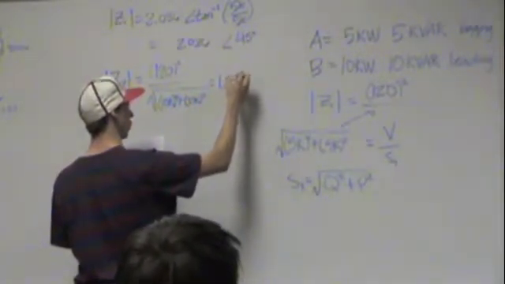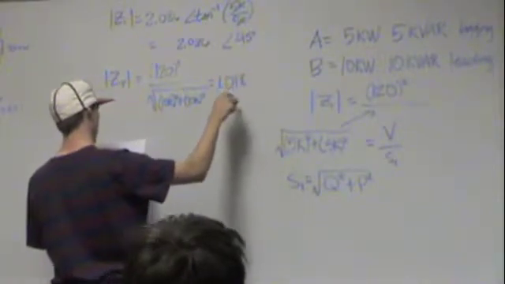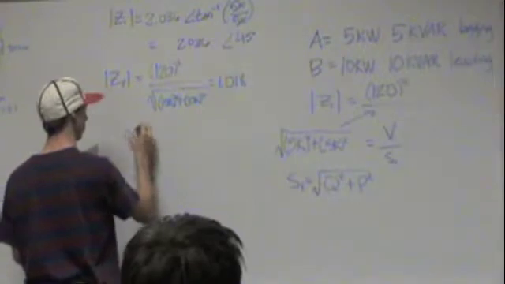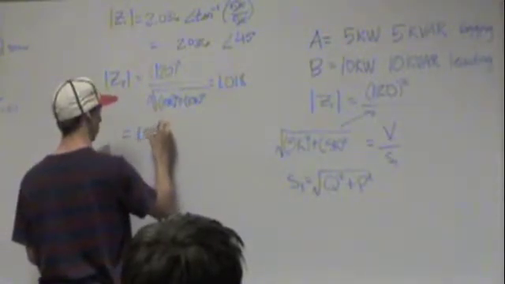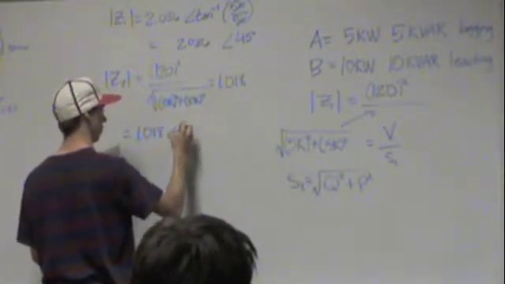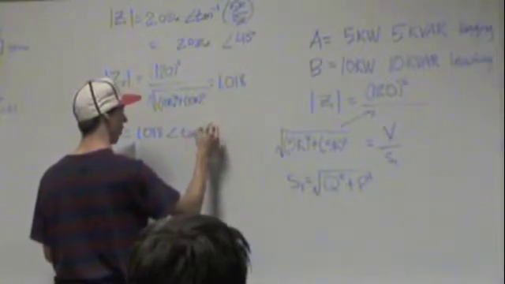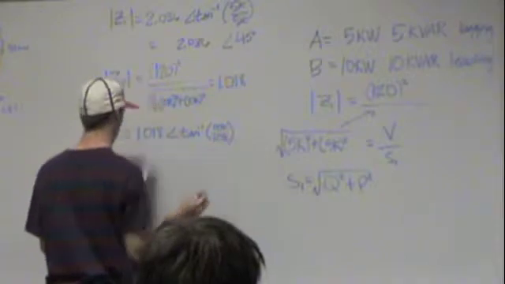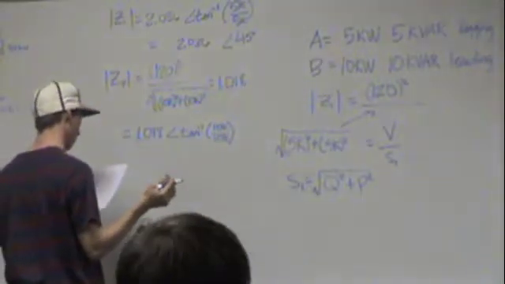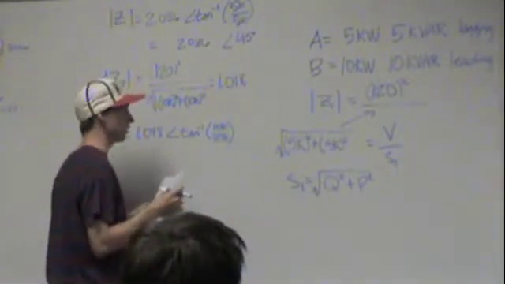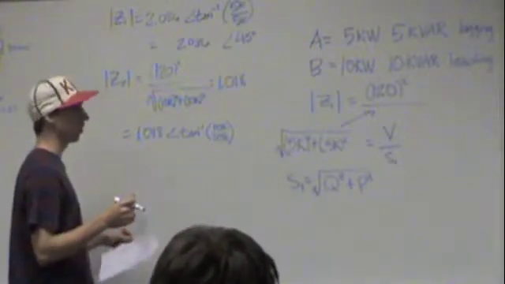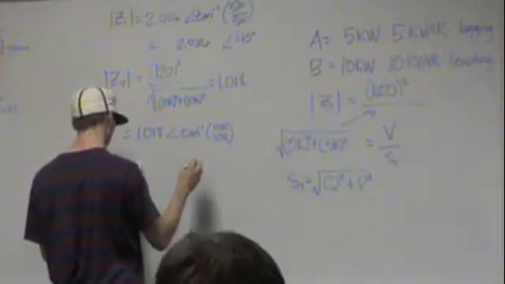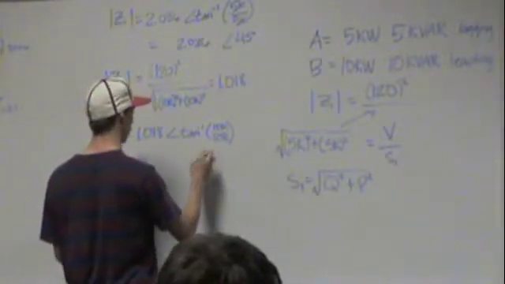So 1.018, and then again we need to do the tangent inverse portion. So 1.018, and then the angle is tangent inverse of 10k over 10k. So again, it's going to be 45 degrees, but the difference is this one is leading. Yes. So this one will be negative 45.